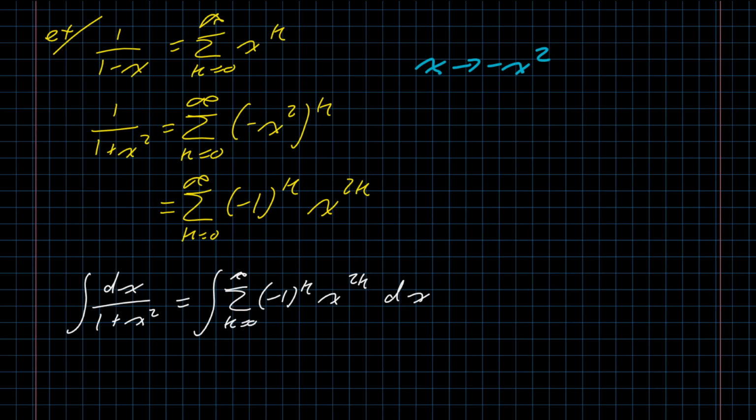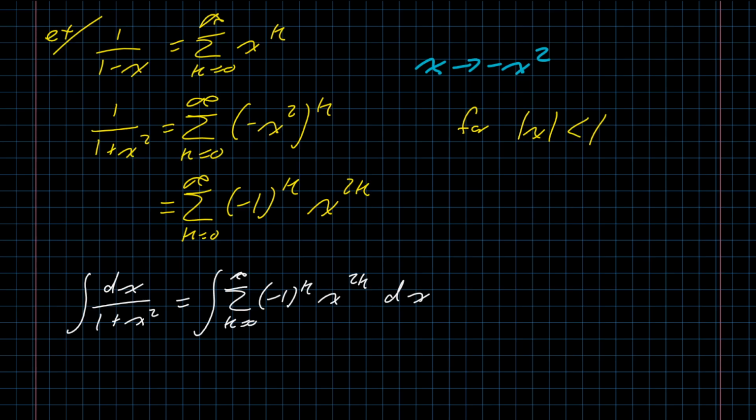And here I have to be a little bit careful, because my summation doesn't converge for all values of x. In fact, it converges for x in absolute value less than 1. So I should make a note of that.